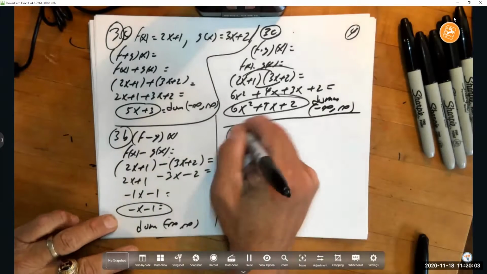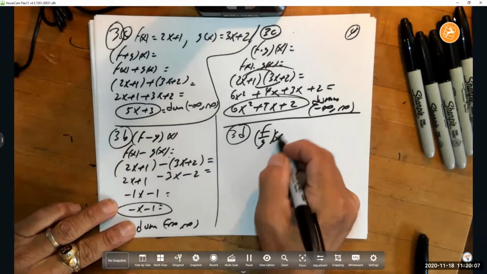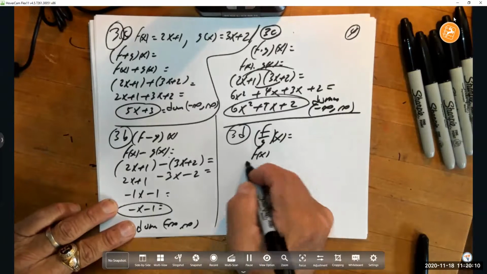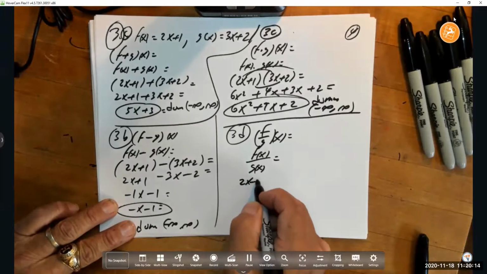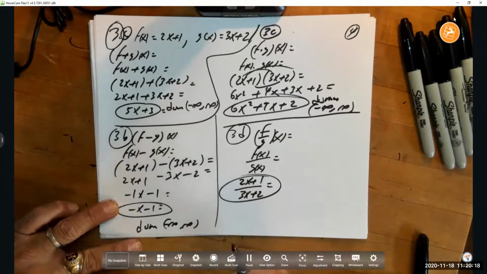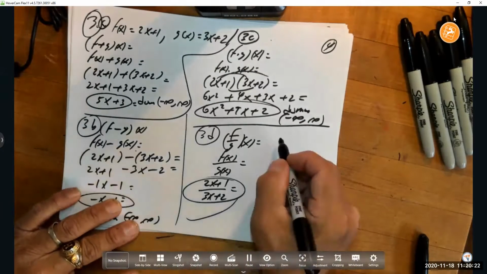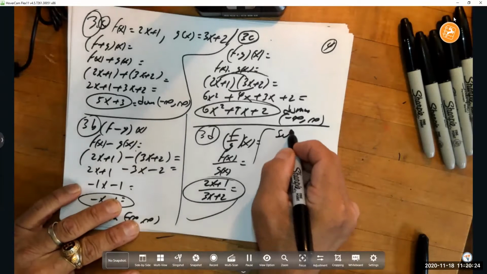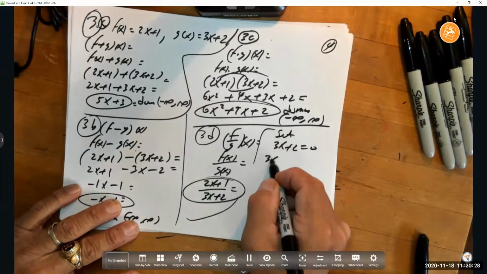3 letter D says f over g of x. Division. f of x over g of x, or 2x plus 1 over 3x plus 2. There's the answer. But for division, the bottom can't be 0. So I'm going to set up the bottom part. If it's equal to 0, it would mess up the problem.